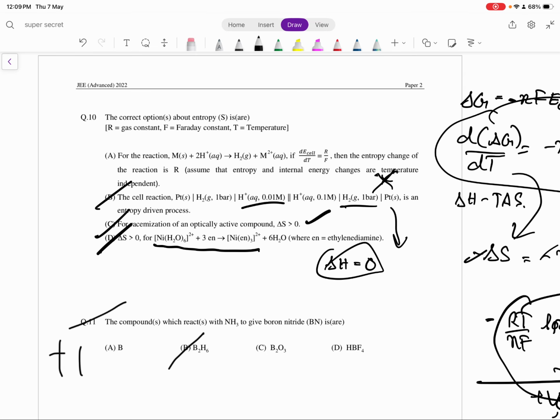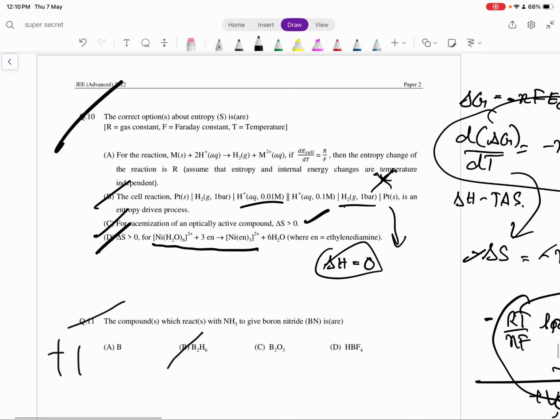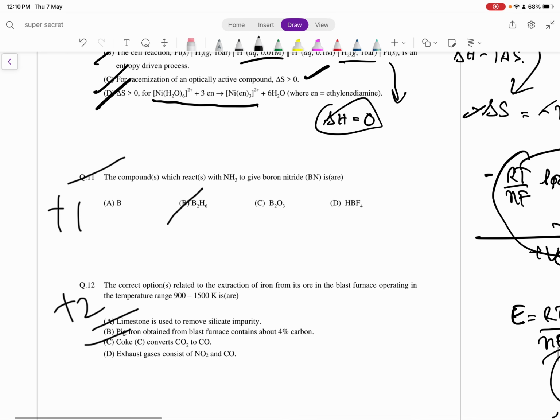Question 10 is BCD, yeah. And then the next question: the compounds which react with NH3 to give boron nitride. B2H6 is correct. Does boron react with NH3? No, I think B2O3 gives the reaction. HBF4 plus NH3 does not actually give anything.